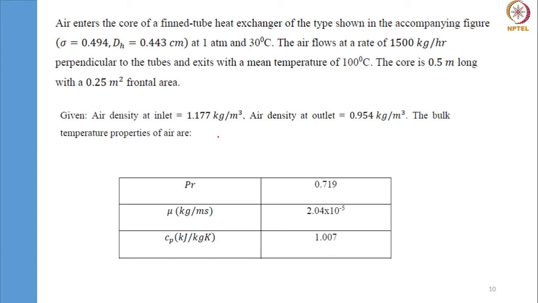Frictional pressure drop happens because obviously the air is passing through tubes which have corrugated surfaces. They are not perfectly smooth, so there will be a drop in pressure. The second term, momentum pressure drop, happens because of change in density.